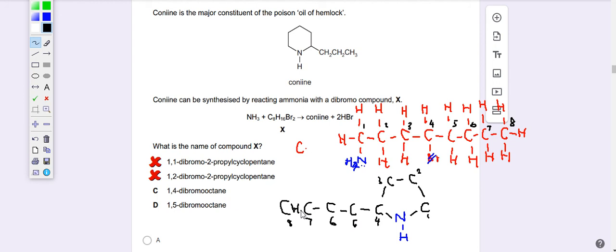Now let's put the hydrogen in. This is a cyclic compound, so there's one H here, and 2H.